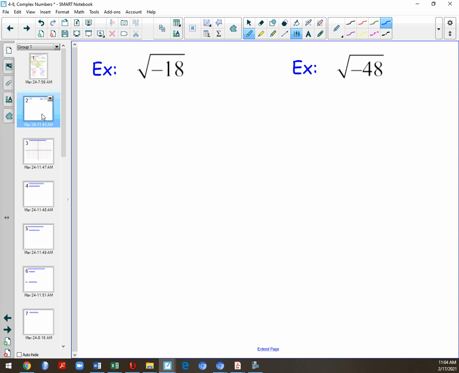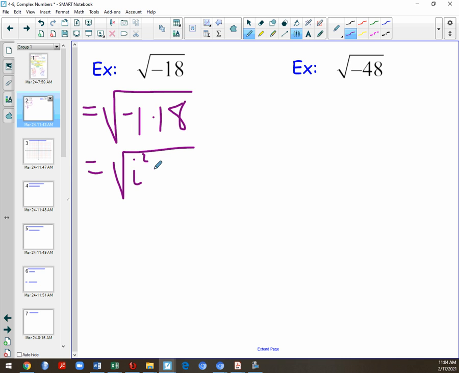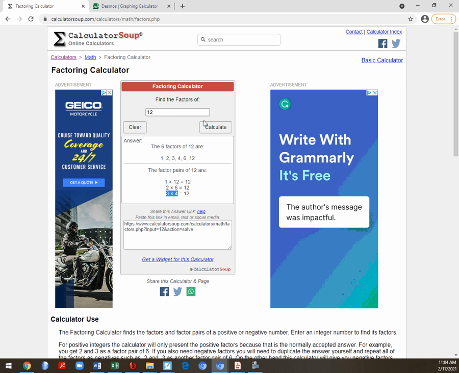The square root of -18. We are going to do this exactly the same way we did the other ones. So that's -1 times 18. And then this is going to be i squared. Now we need to break down 18. Now, if you remember previously, the way we did this is by simply doing factor finder.